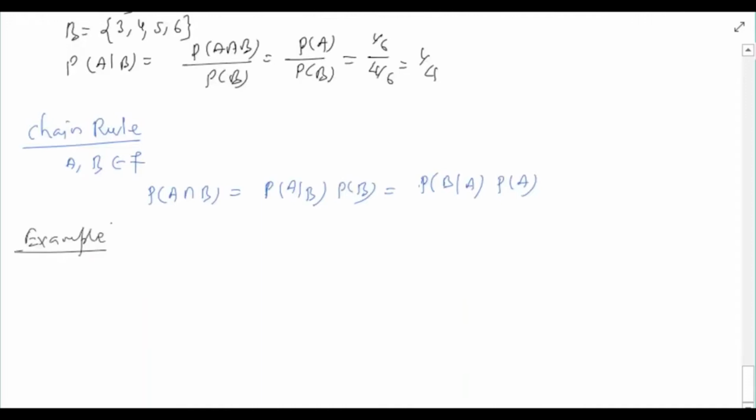Assume that an urn contains 7 black and 5 white balls.